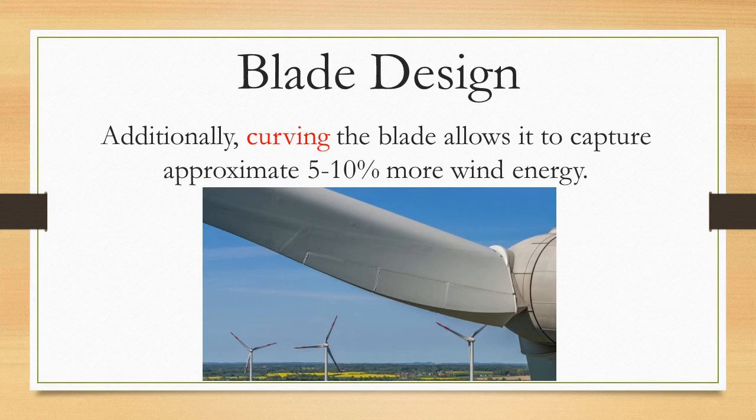So we've got the blades, they are working, they're capturing the energy, but if we just curve the blades a little bit, we can generate 5 to 10% more energy. Or capture 5 to 10% more wind energy, which allows us to make our turbine more efficient and generate more electricity. Critical information.